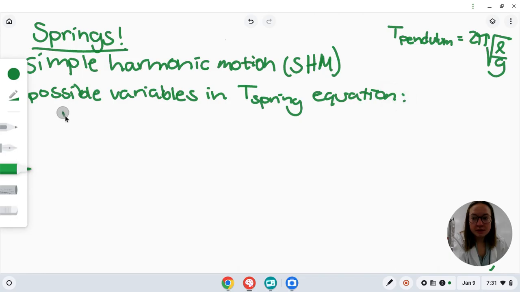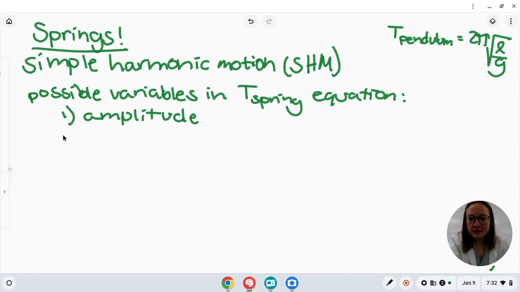I said one possible variable could be the amplitude. The amplitude of a spring just really refers to how far you pull it down before you let it go, or for some springs, how far you push it up before you let it go. That's the amplitude of a spring. There's a little more to it than that, but we'll get to that later.